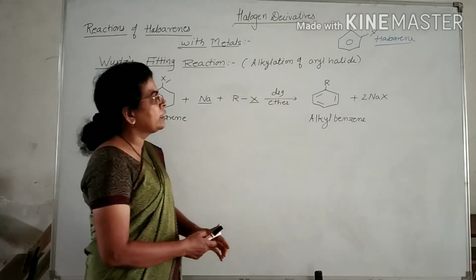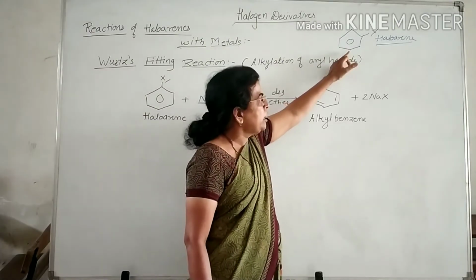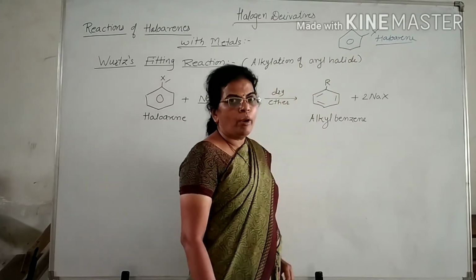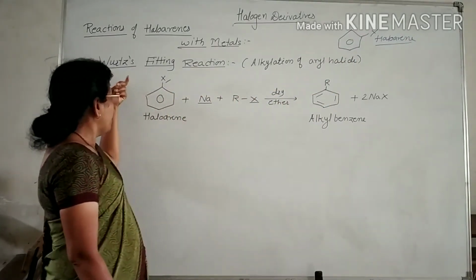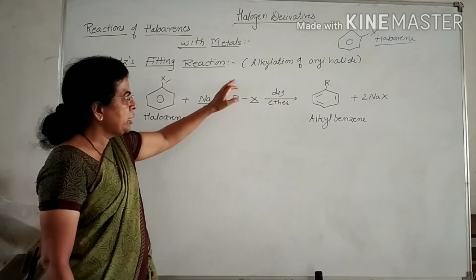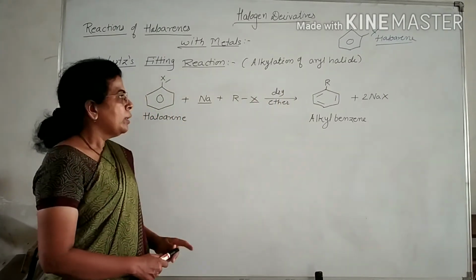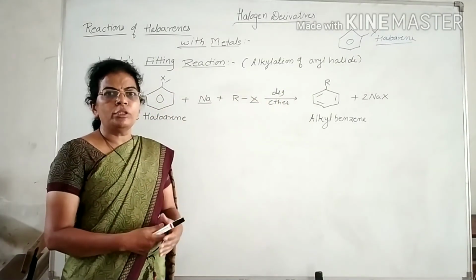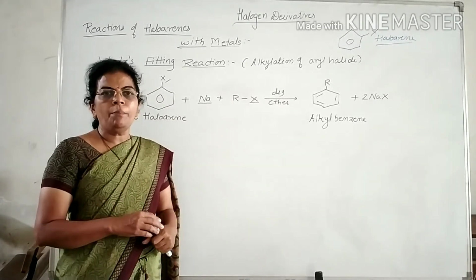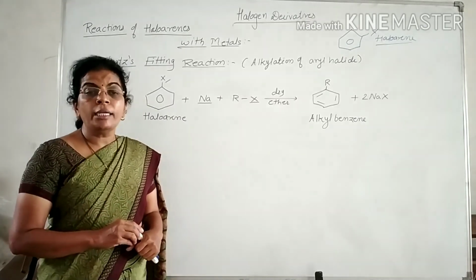Now haloarenes are the compounds in which one or more hydrogen atoms of the benzene ring are substituted by halogen atoms. Now the first reaction we are going to see is the Wurtz-Fittig reaction, also named alkylation of aryl halides. Like the Wurtz reaction, in which two molecules of alkyl halides undergo coupling in presence of sodium metal and dry ether to give higher alkanes.